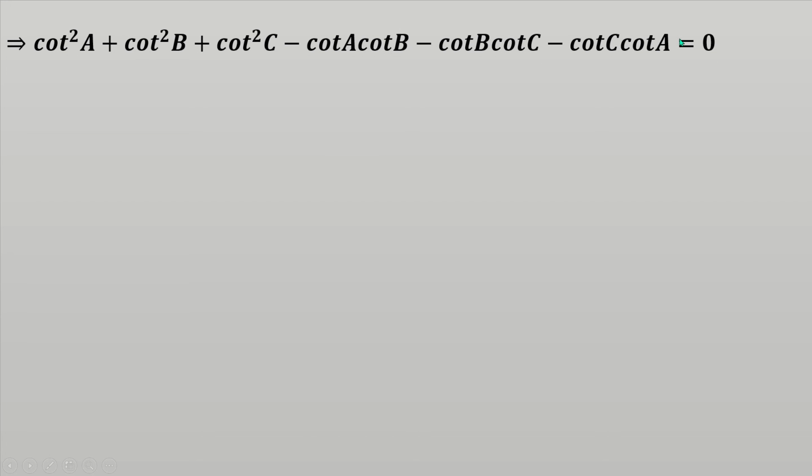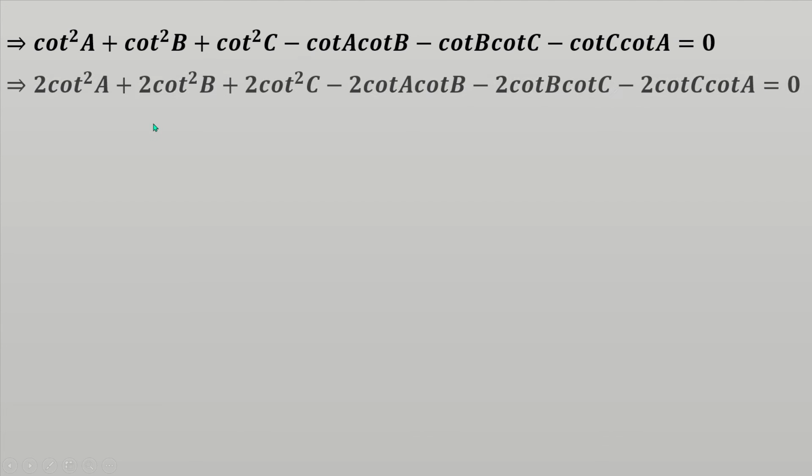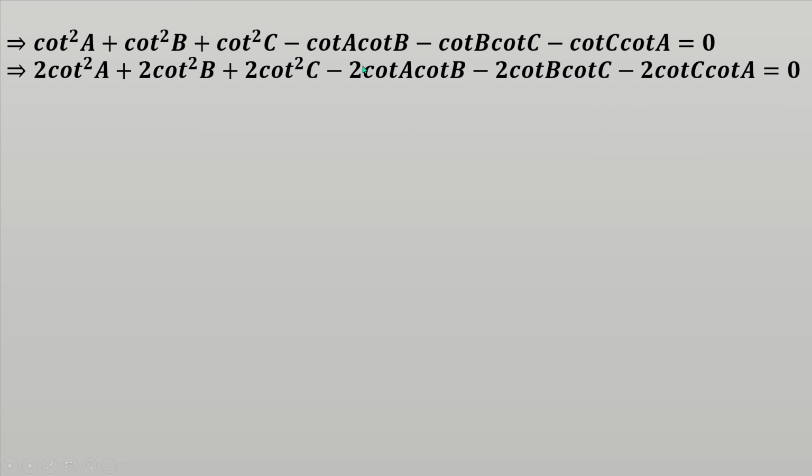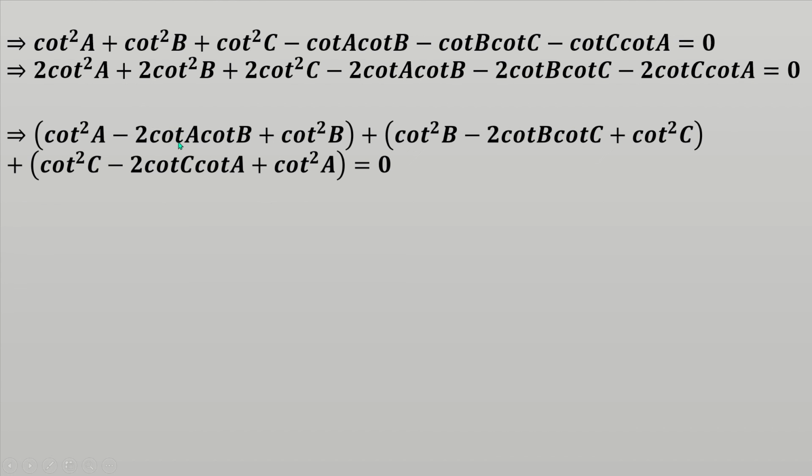But for proving a equal to b equal to c, we have to make a formula here. As a result, we have to multiply by 2 on both sides. The cot square a terms we rearrange: cot square a minus 2 cot a cot b plus cot square b.